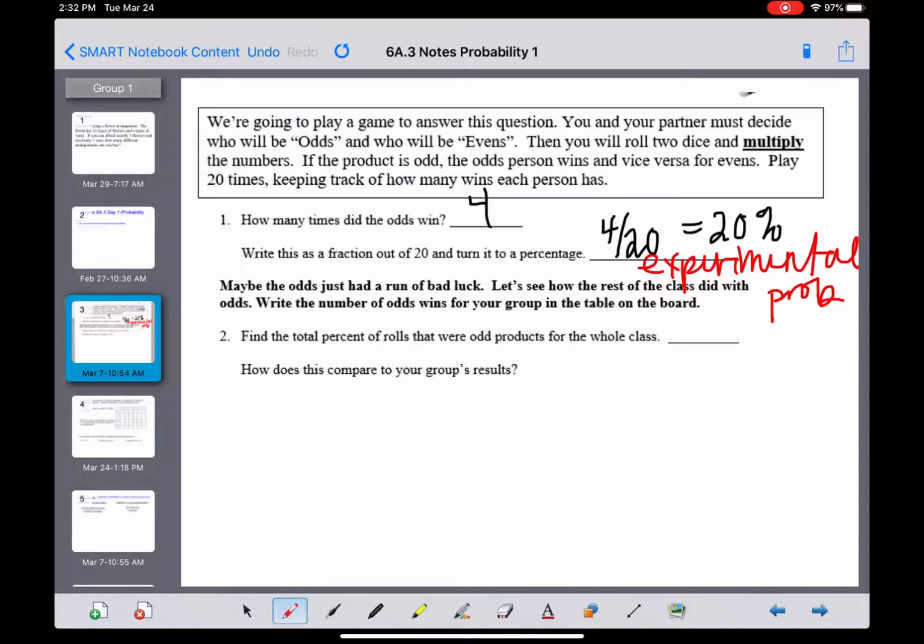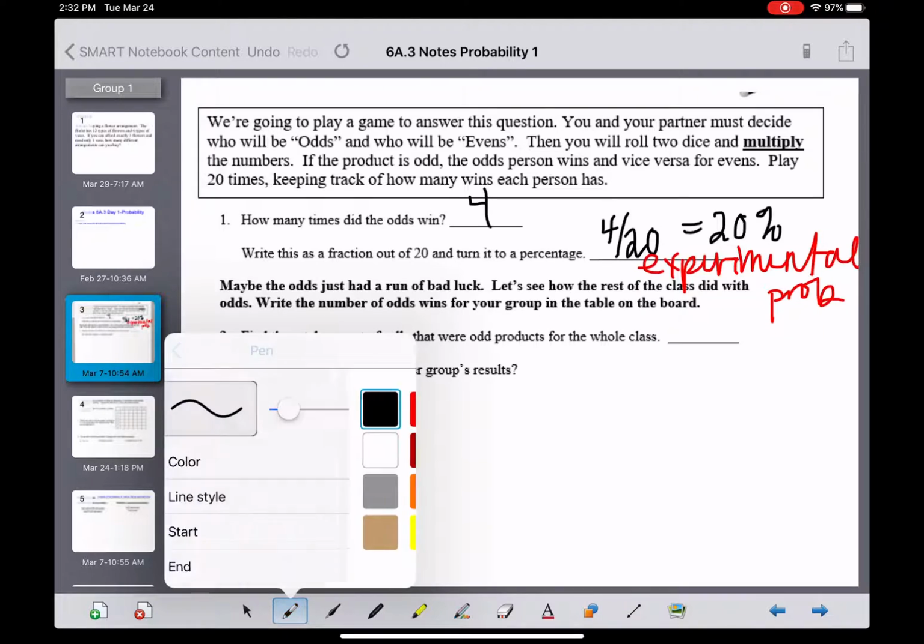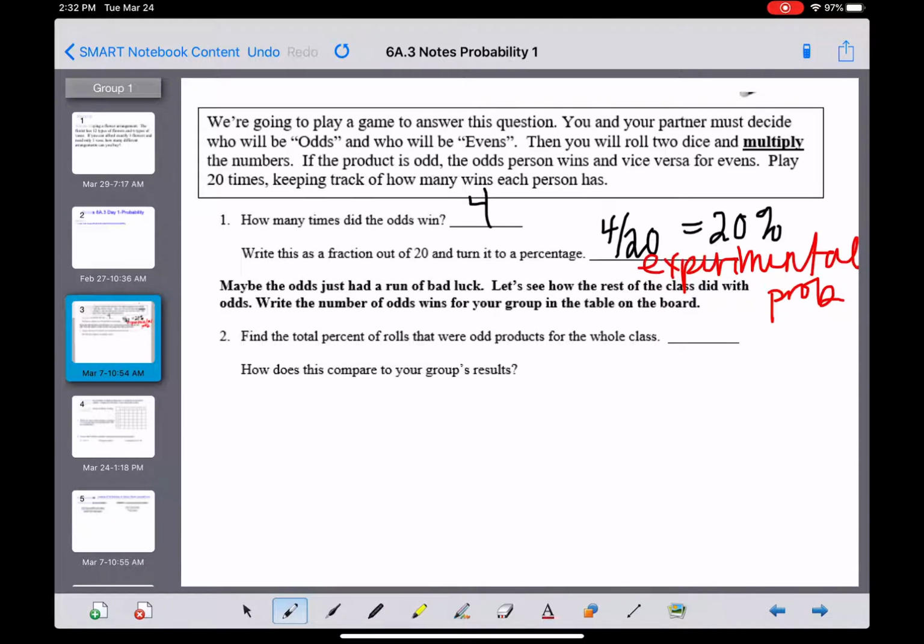So now maybe the odds just had a run of bad luck. So let's see what the rest of the class had. The total percentage of rolls that were odd products for the whole class, in my statistics class, was something close to 25%.